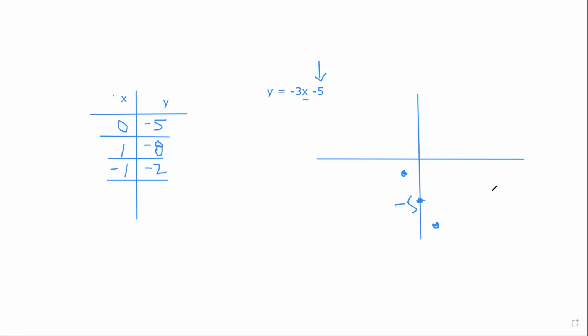Because it's just multiplication, doing the operations that involve x. Sometimes these kinds of linear functions, I don't know if you've ever heard this or not, some people will call them input-output machines.